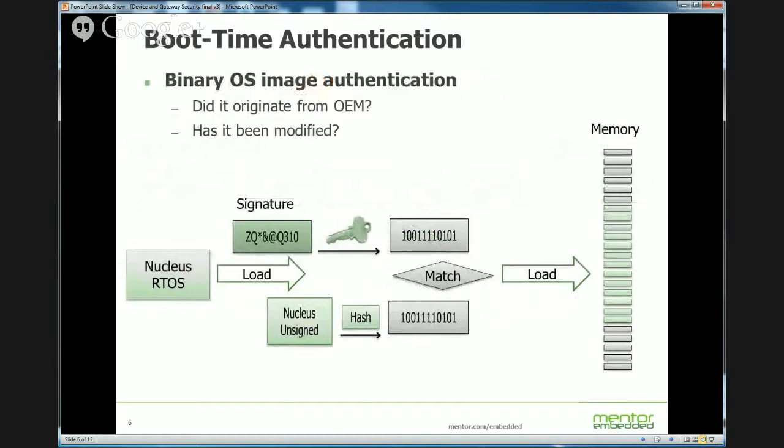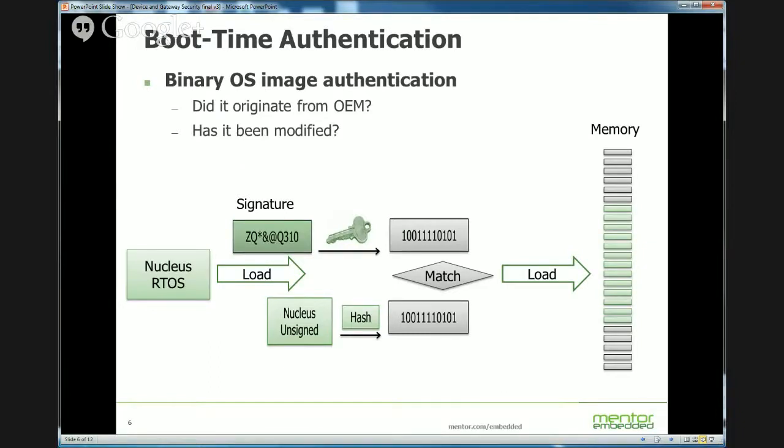So from a boot time authentication strategy perspective, the sequence would be: the unsigned image, such as Nucleus RTOS, being loaded. It would go through this hashing function, and the secret signature would also be decrypted using the public key, and only if there's a match between the decrypted signature and the Nucleus unsigned image that had gone through the hashing function would the process be allowed and the system be allowed to boot.